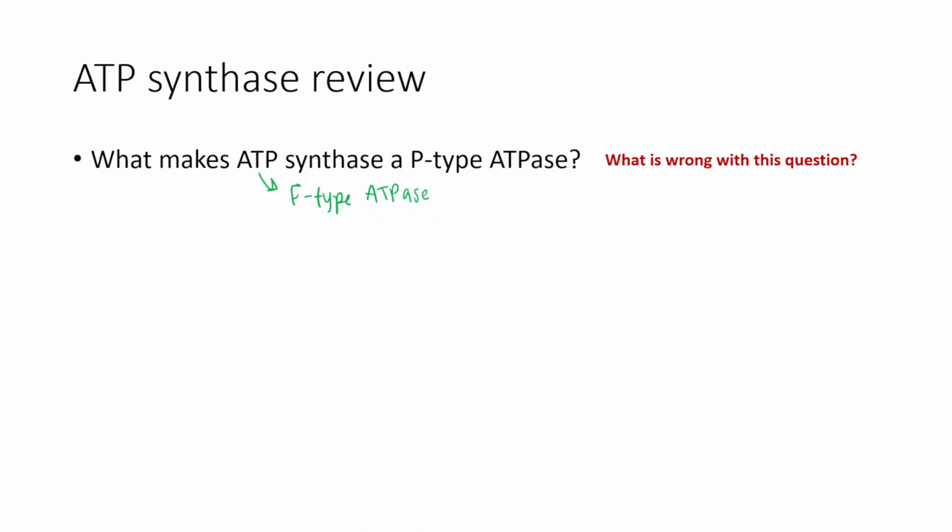So in that way, we sort of answered what makes it an F-type, right? It uses a proton gradient to synthesize ATP. And does anybody know what the F stands for in F-type?